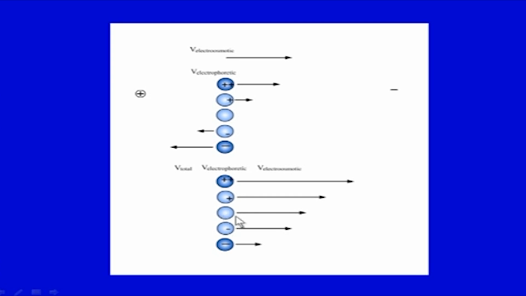Then it will be followed by neutral species, then negatively charged species. Less negative charge will follow the neutral, and more negative charge will resist the electroosmotic flow, but still move towards the cathode with the bulk solvent, that is, the drag of the bulk solvent.